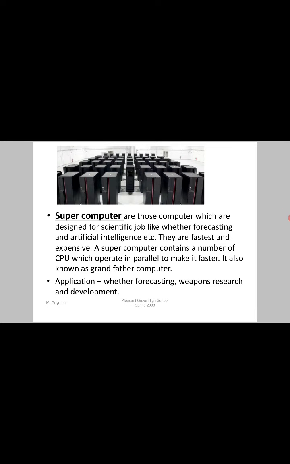Supercomputers are those computers which are designed for scientific jobs like weather forecasting and artificial intelligence. They are very fast and expensive.